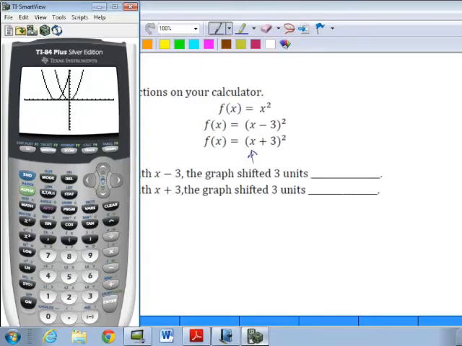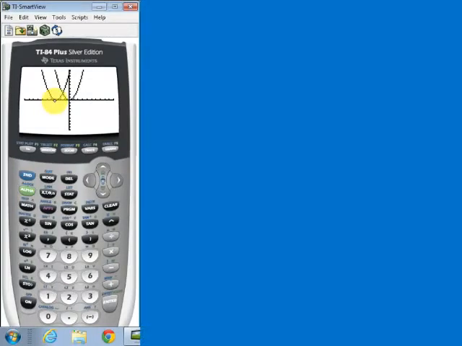X can get by with being 3 units less on the graph of y equals x plus 3 quantity squared, because we're going to add 3 to it before we square. The plus 3 just kind of gives x extra comfort level or margin or whatever. X can get by with being 3 units less on this graph, because we're going to add 3 before we square, and then it'll give us the same y coordinate.